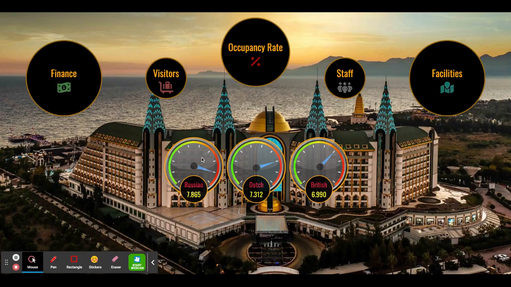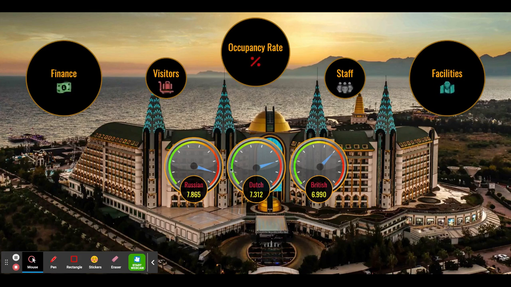As you can see in the gauges, the indicator in each gauge points at a different value. The gauges component receives a background image as props. And in this example, our gauges display the number of Russian tourists or British tourists visiting this hotel.